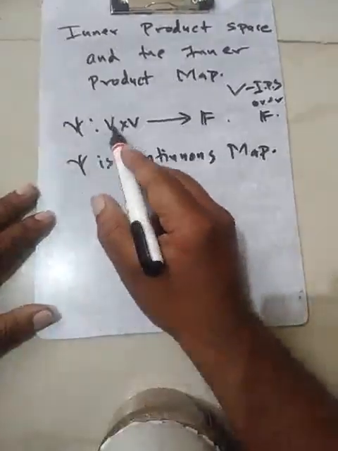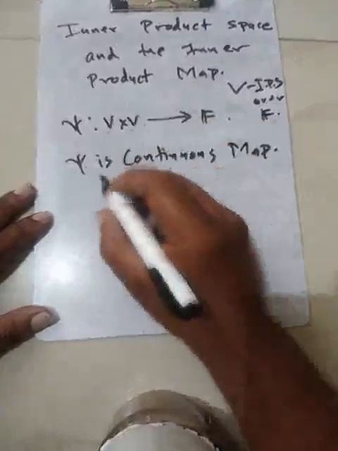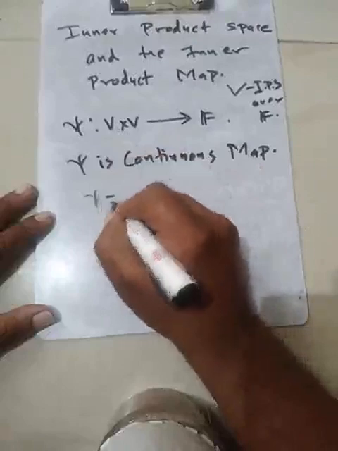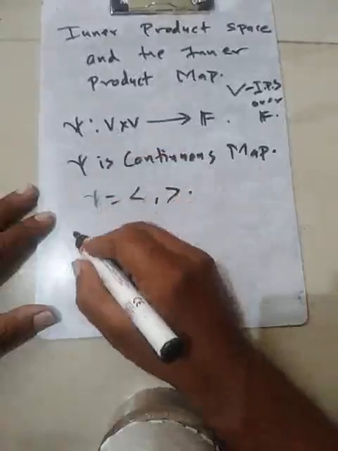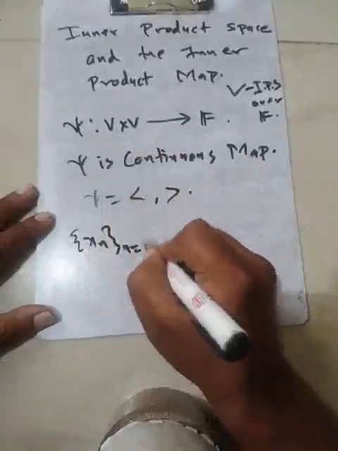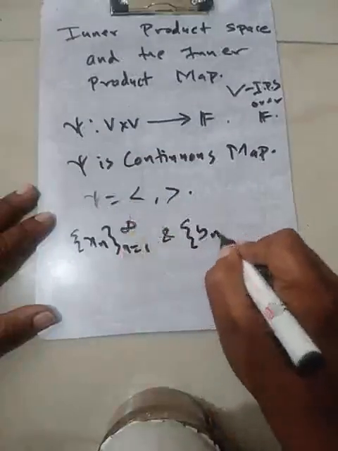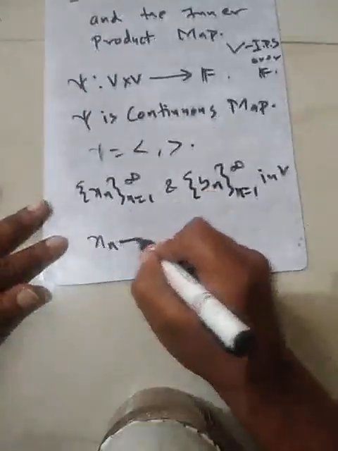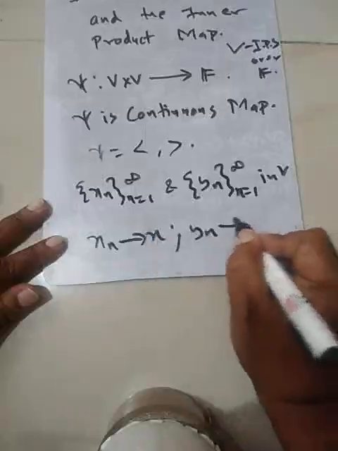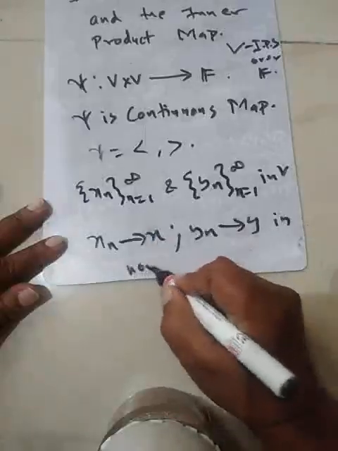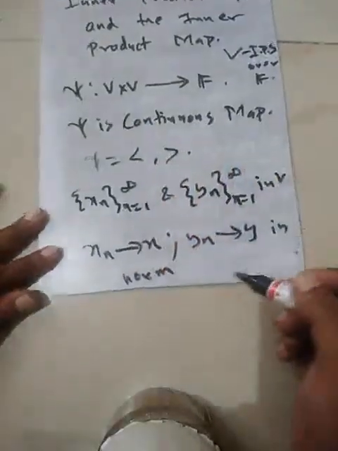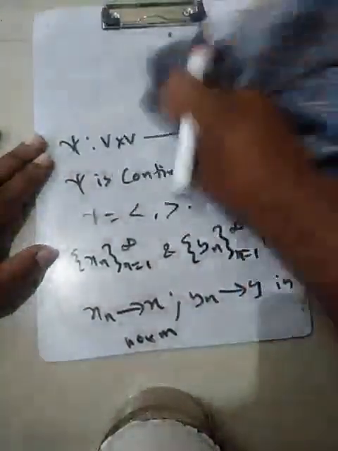In the sense that you can fix one variable and so on. Psi is denoted by this comma also. If you have a sequence xn and another sequence yn in V such that xn converges to x and yn converges to y in the norm, which arises via the inner product, where inner product of x with x is norm of x square and so on, then what does the inner product do?